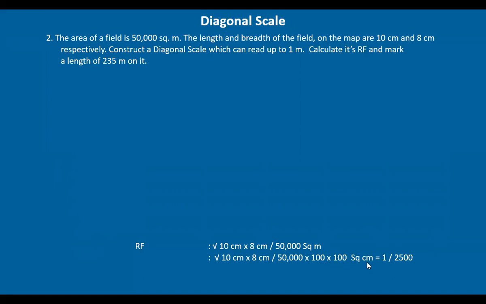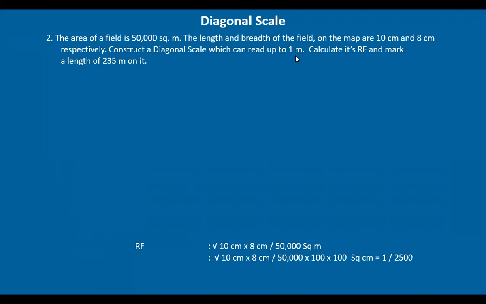Now you get square centimeters in both the numerator and denominator. They will get cancelled and you take the square root. Your RF will be this now. So here you are asked to construct a diagonal scale which can read up to 1 meter. That's all.